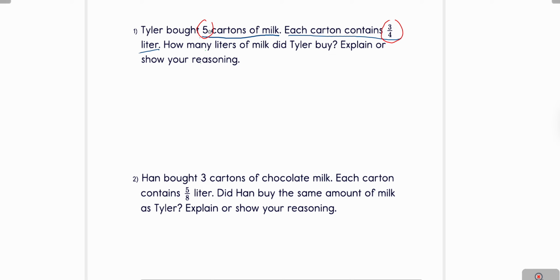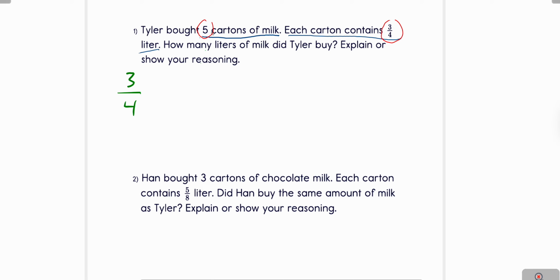Okay, 5 cartons, and each carton contains 3/4 liters. So that means 3/4, how many times? Well, how many cartons did he buy?